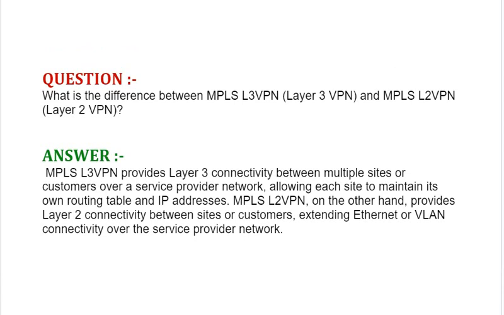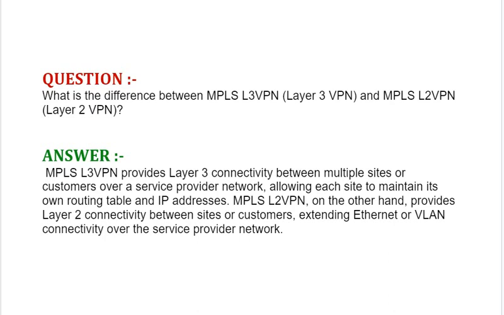Our next interview question is: what is the difference between MPLS L3 VPN, Layer 3 VPN, and MPLS L2 VPN, Layer 2 VPN? Your answer should be: MPLS L3 VPN provides Layer 3 connectivity between multiple sites or customers over a service provider network, allowing each site to maintain its own routing table and IP addresses.